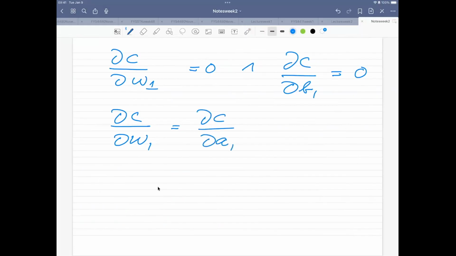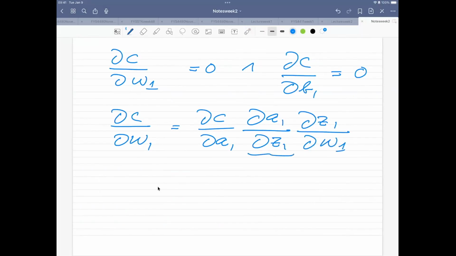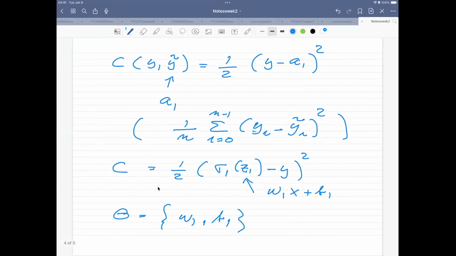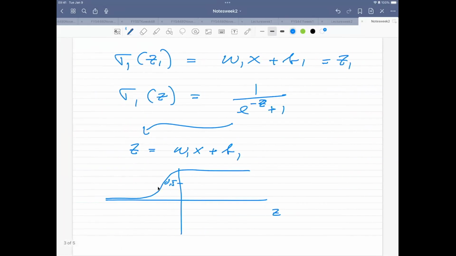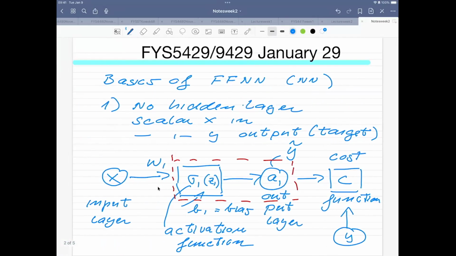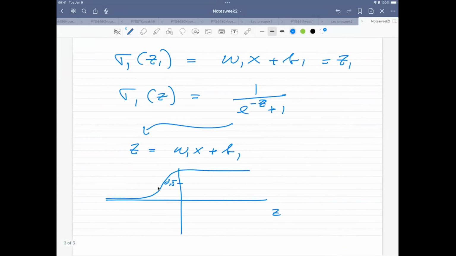So we have dC with respect to A1, and then we would have dA1 with respect to dZ1. So this is just a repeated application of the chain rule. Now, this function which you see here is nothing but the derivative of this activation function. If you look back at the equations we had, this variable A1 is now given by the output.